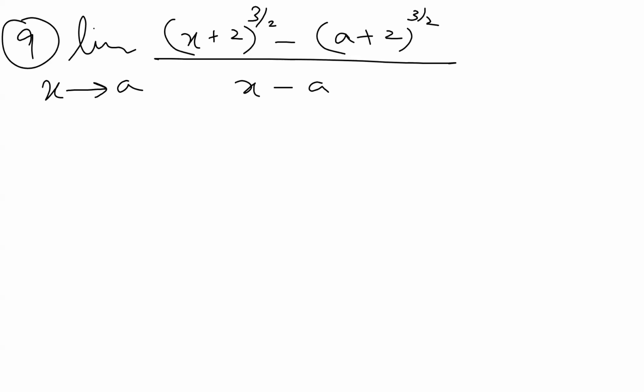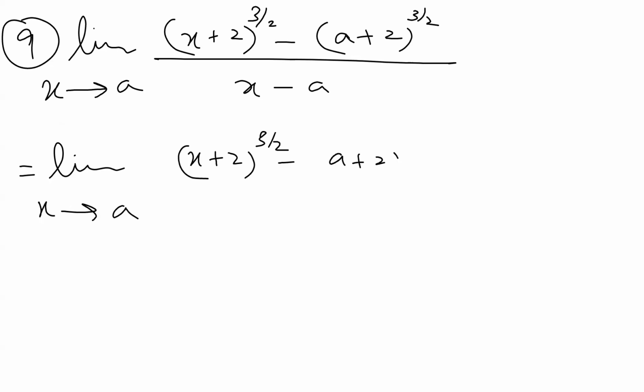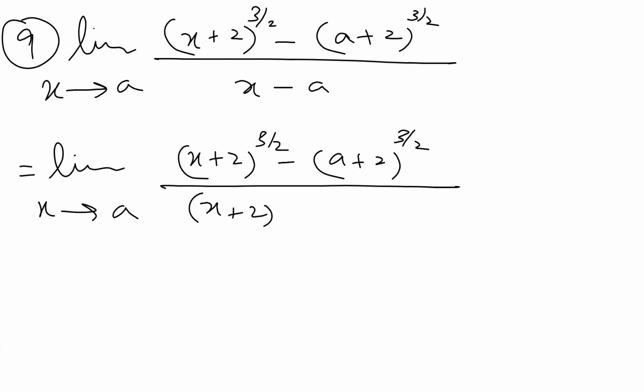When you add 2, you'll have to put it within the bracket. The numerator does not change. Why is the bracket required? Because minus into plus is minus and 2 and 2 will get cancelled. So this was the first manipulation.